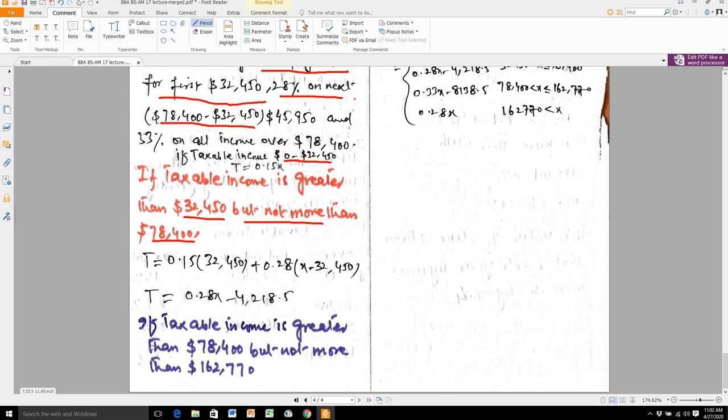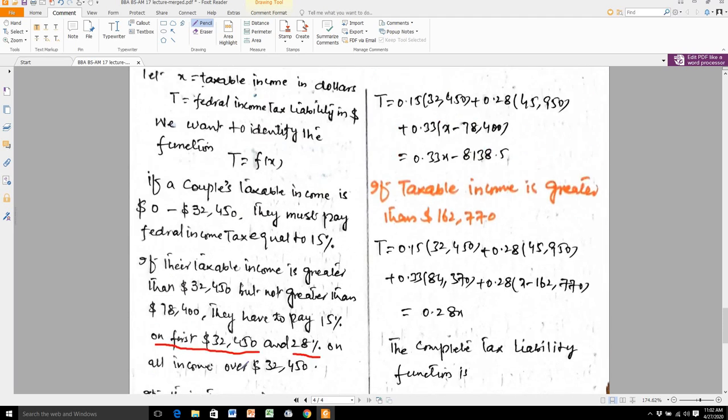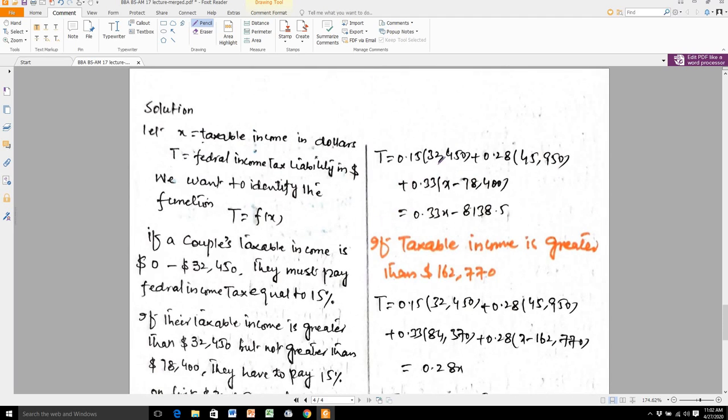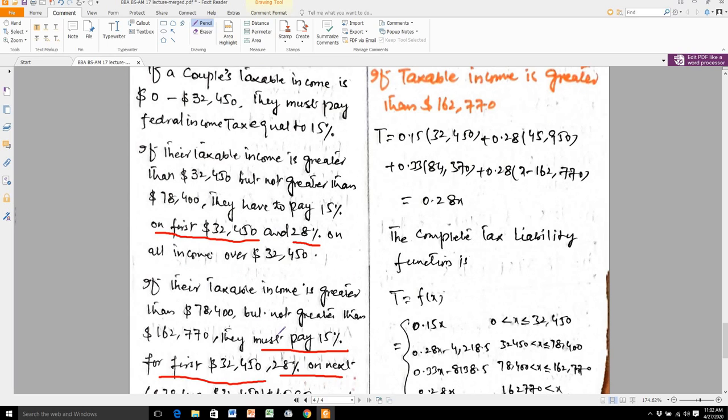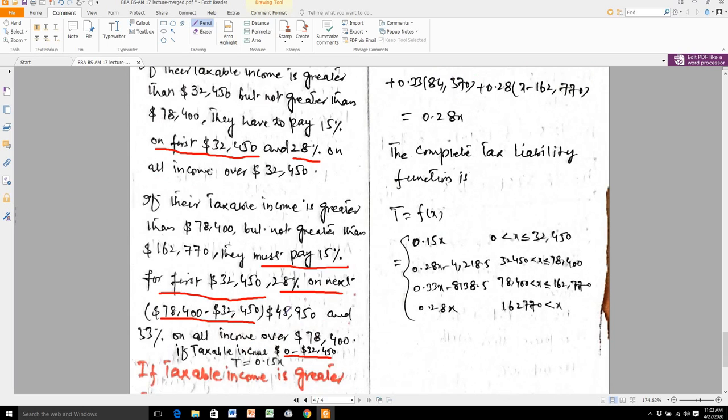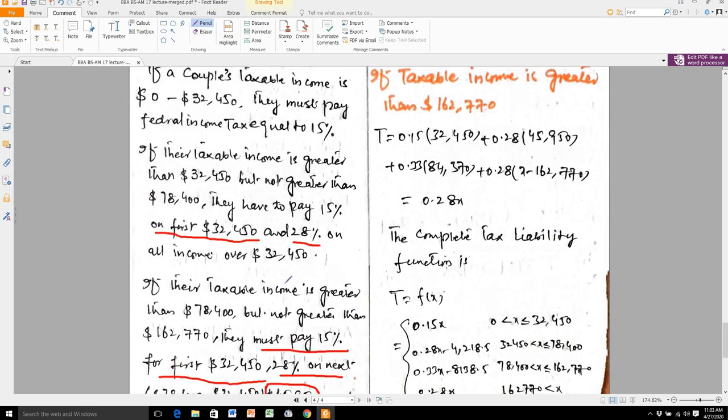If the taxable income is greater than 78,400 but not more than $1,62,770, you see here, first the chargeable income tax is 0.15 imposed on 32,450, and then on 45,950, 28% is chargeable.